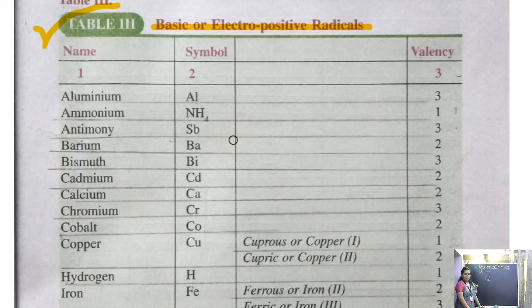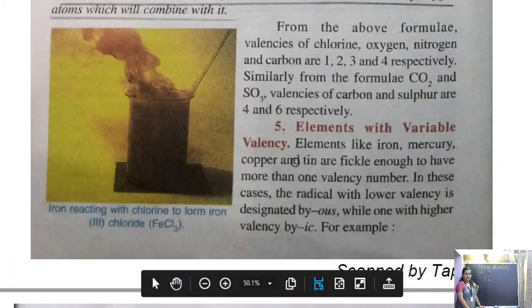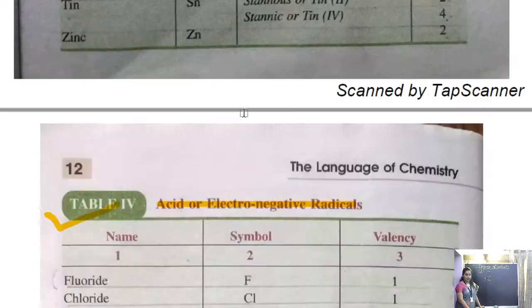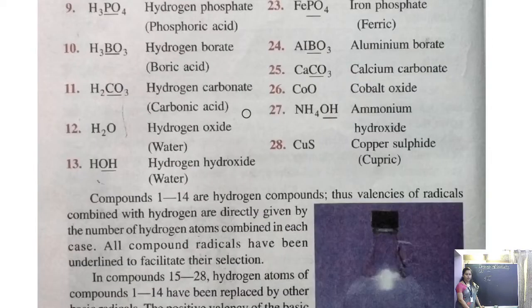So here what you can see is, if we talk about the radicals, everything has a charge over it. Like we have Cl minus, we have, let's see, I'll show it to you. So there are charges according to the electrons.